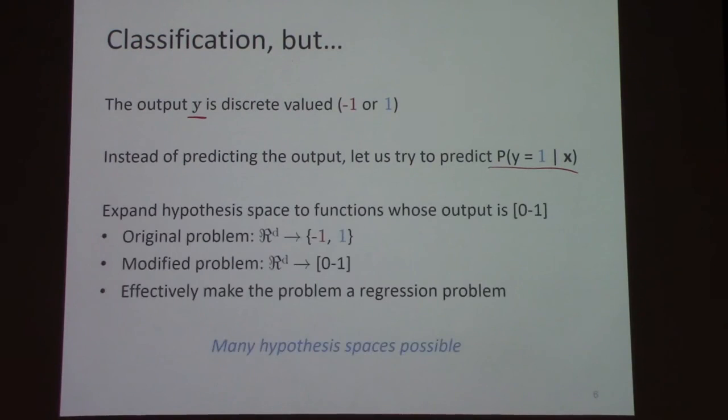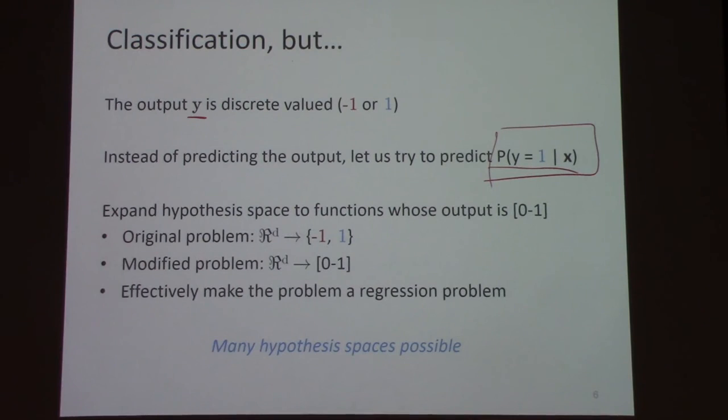The starting point of logistic regression is, what if we directly learn this function, p of y equals 1 given x? The original problem that we cared about was a classification problem: I have a d-dimensional vector, I need to predict a +1 or a -1. But this function p is real valued.